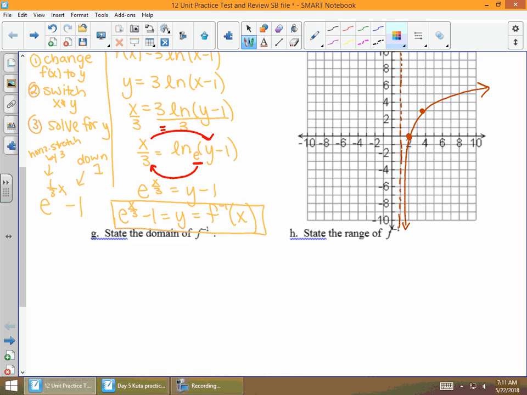So e to the x, the parent function, has a horizontal asymptote on the x-axis and goes through the point 0, 1. Your key points here are 0, 1, and 1, 2.7. Approximately 2.7. So I'm going to move that asymptote down 1 unit.